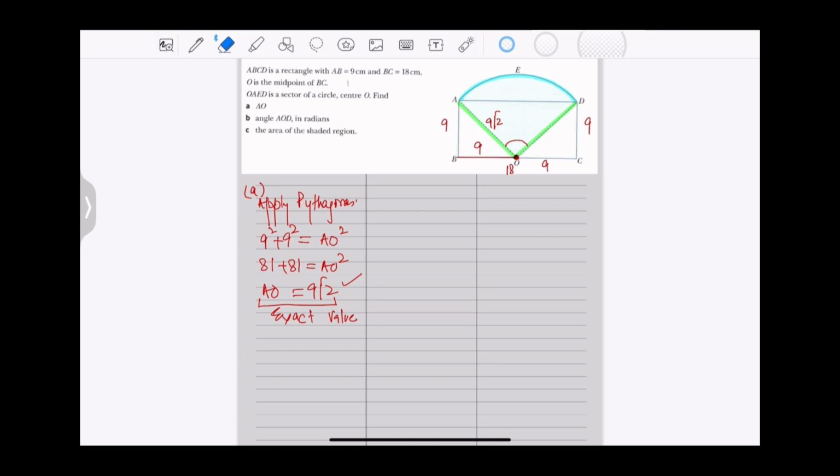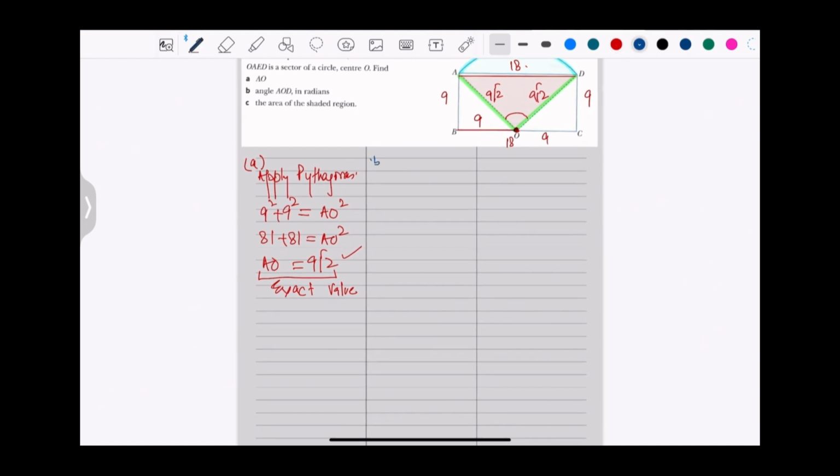So one way of looking at it is that since this side here is 9 under root 2, and since it's a rectangle and BC was 18, AD is going to be 18 as well. It's a case of cosine rule.